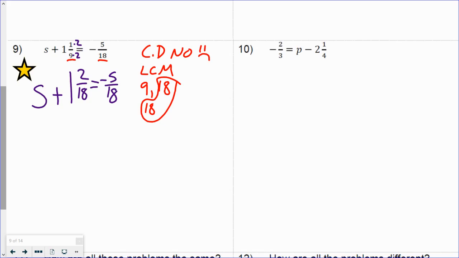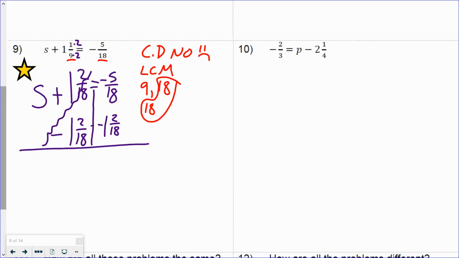Well, the inverse of addition is subtraction. Whatever I do to one side, I gotta do to the other side. Okay? The reason why we do that, these now cancel. I'm left with only my variable on one side, isolated by itself. Now here I notice I have 2 negatives. Okay? You see the 2 negative signs.